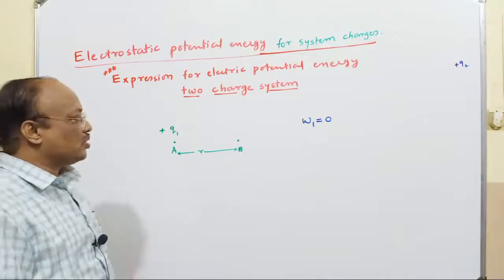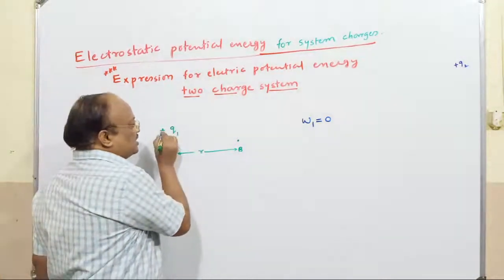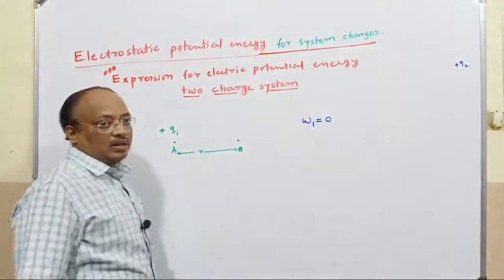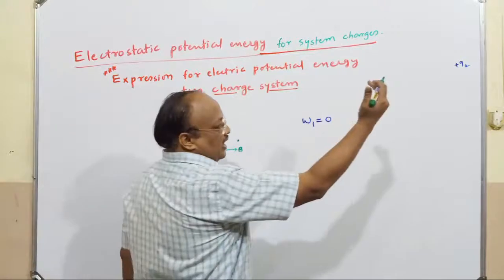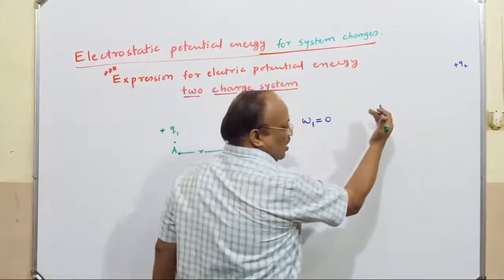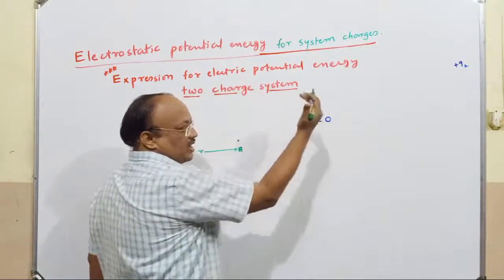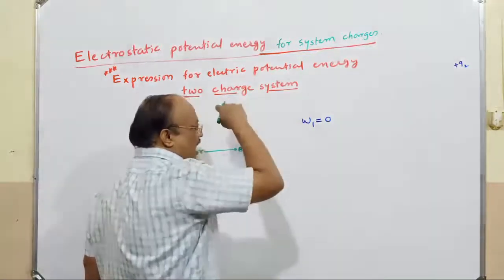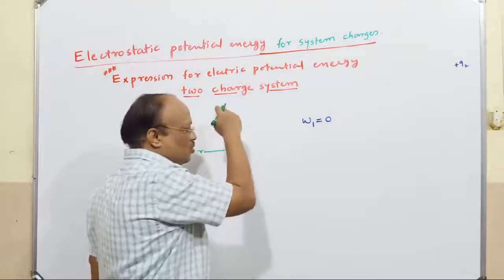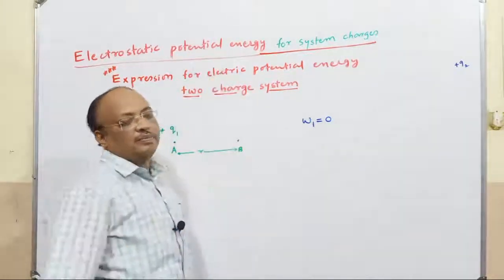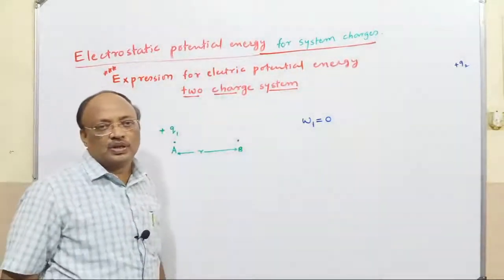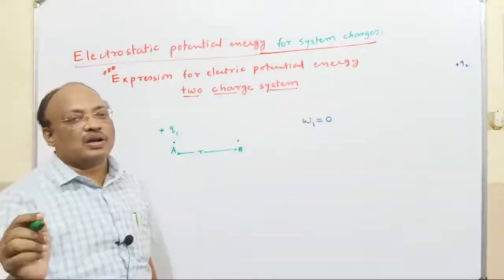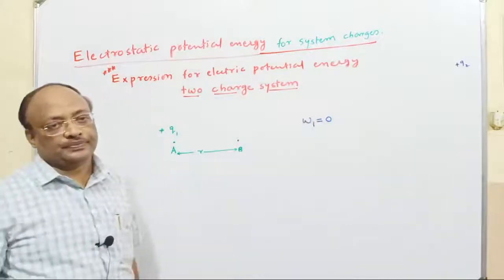So this charge Q1 starts to repel. Continuously I am doing the work, without any acceleration, and I am bringing that charge Q2 to this position B. So for that, what amount of work have you done?